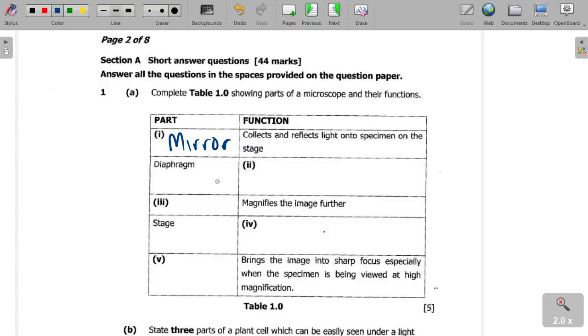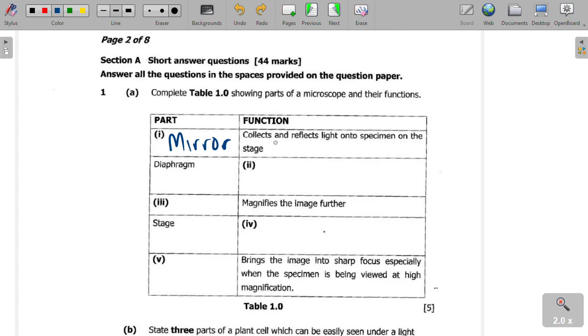Number two, diaphragm. What is the function of the diaphragm? These are parts of the microscope, and you need to know their functions to get them correctly.